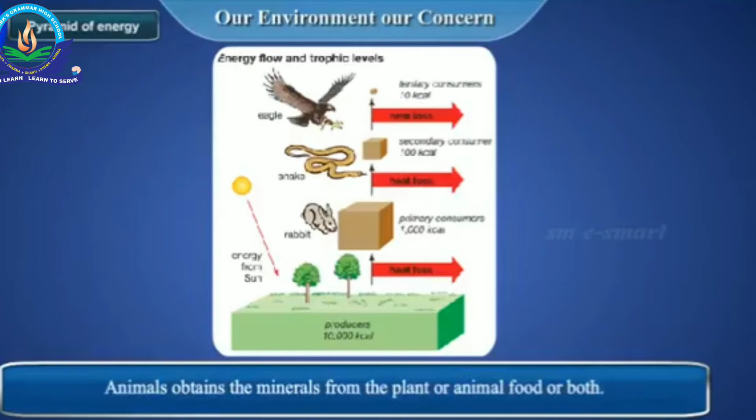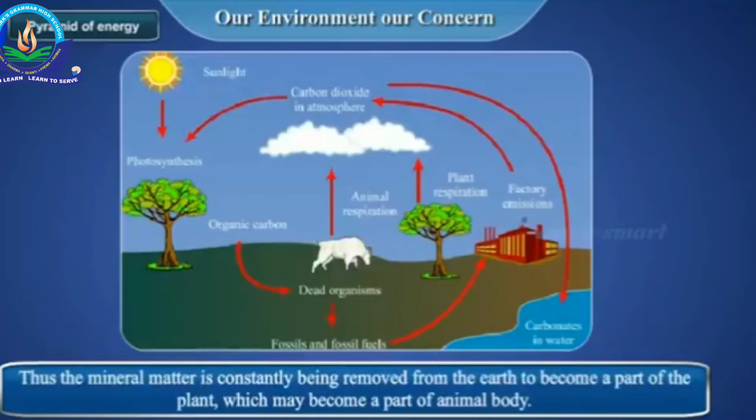Animals obtain the minerals from the plant or animal food or both. Thus, the mineral matter is constantly being removed from the earth to become a part of the plant, which may become a part of the animal body.